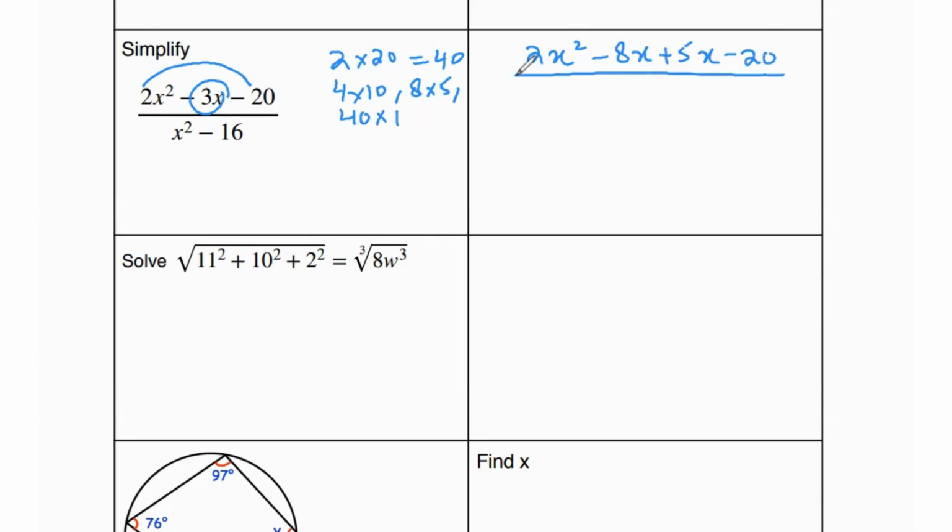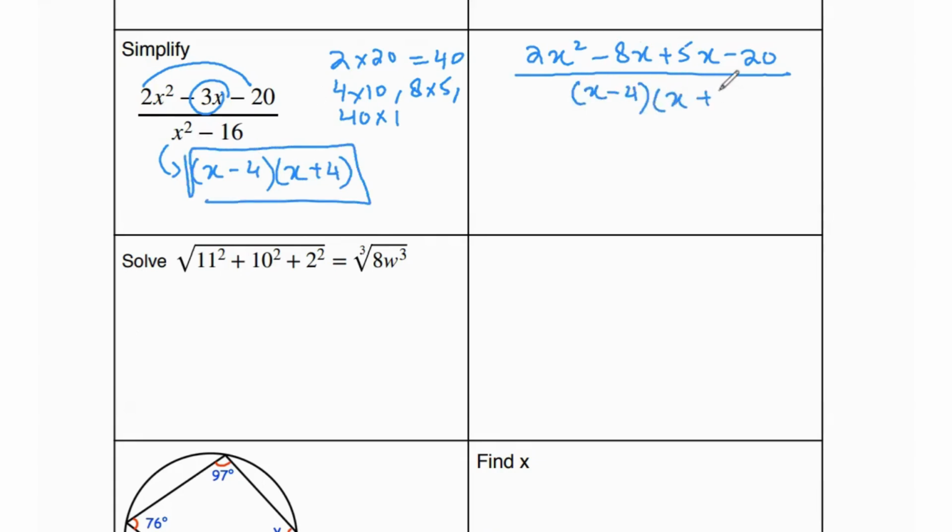And in the denominator, we can see that two perfect squares are being subtracted, which means we can split this into x minus 4 times x plus 4, which is our difference of perfect squares. So we're applying two different methods of factorizing quadratic equations in just one question.